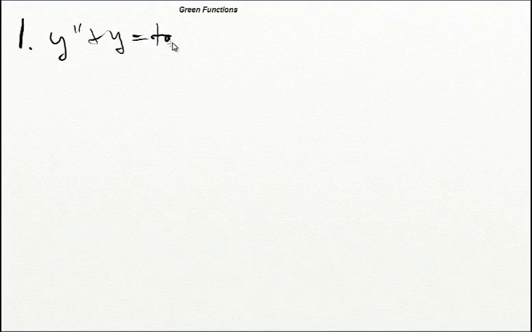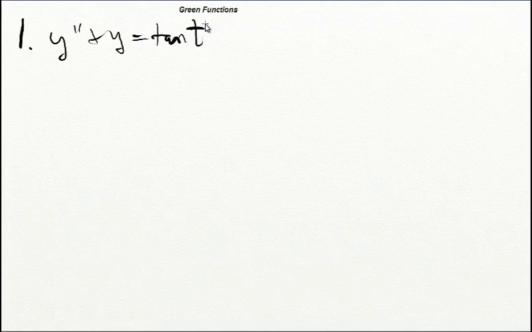Here's our first example. Y double prime plus y equals tangent of t. Notice that undetermined coefficients does not apply because the tangent function is not one of our candidate types for that method. And so we're going to use the Green function method.